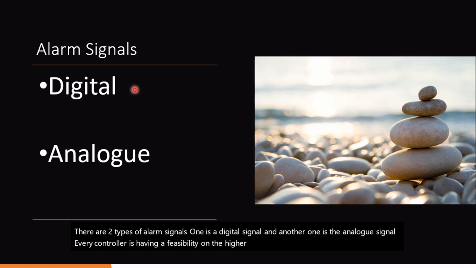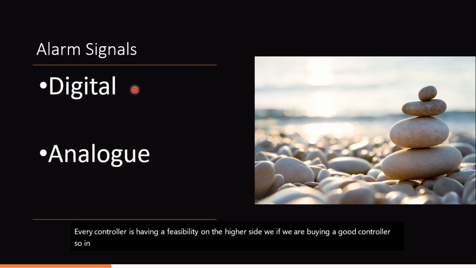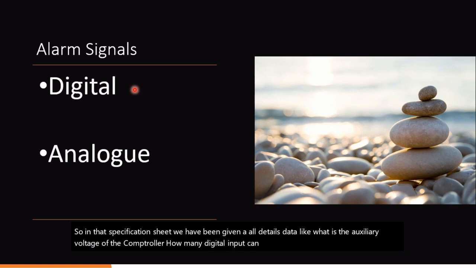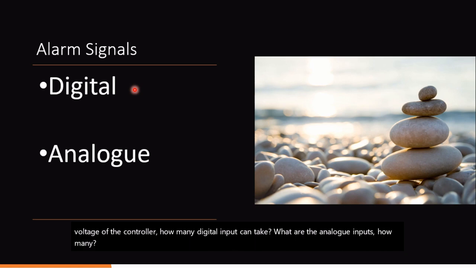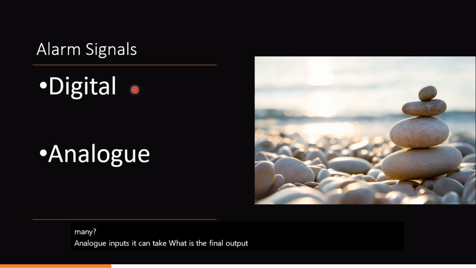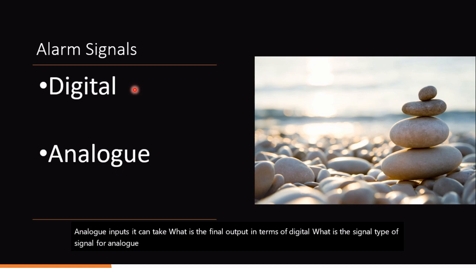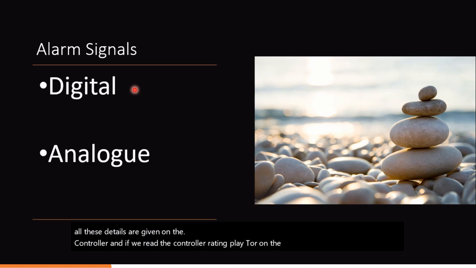If we are buying a good controller, in the specification sheet we are given all details like what the auxiliary voltage of the controller is, how many digital inputs it can take, how many analog inputs it can take, what the final output is in terms of digital, and what type of signal for analog, whether it is a resistance or a 4 to 20 milliampere signal, etc. All these details are given on the controller rating plate or on the back side.